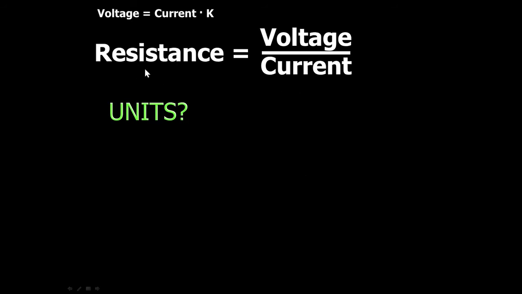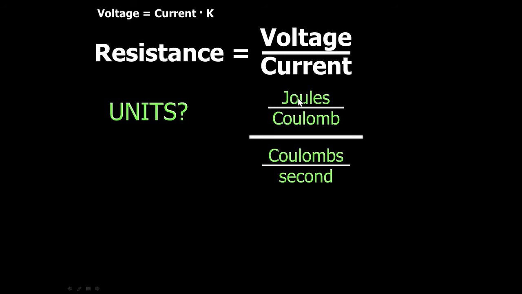So to look at the units of resistance, we have to take the units of voltage and divide it by the units of current. So voltage is energy per charge, current is how many charges go by every second, fraction over a fraction, you copy dot flop, and you would get these units here: joule seconds per coulomb squared.